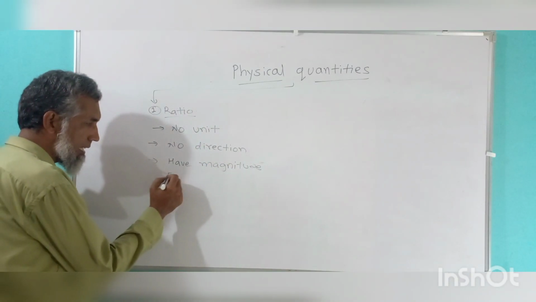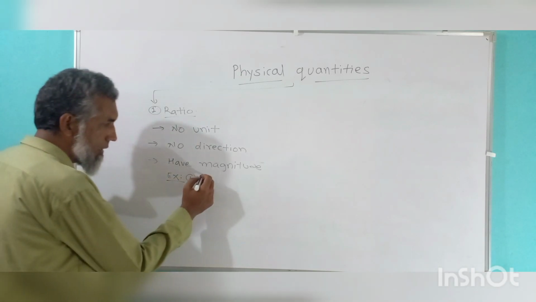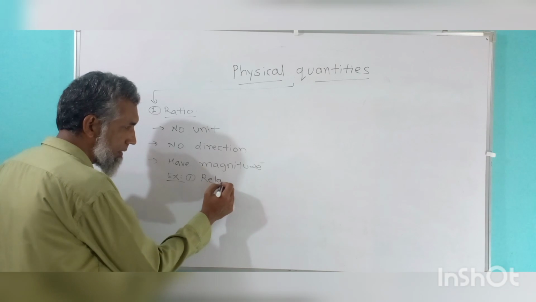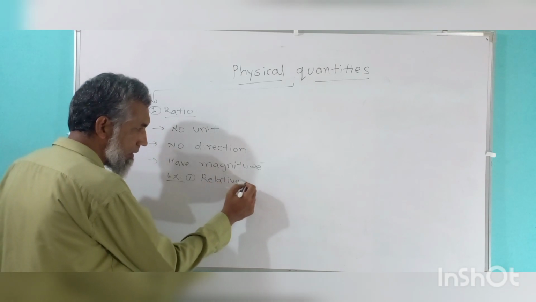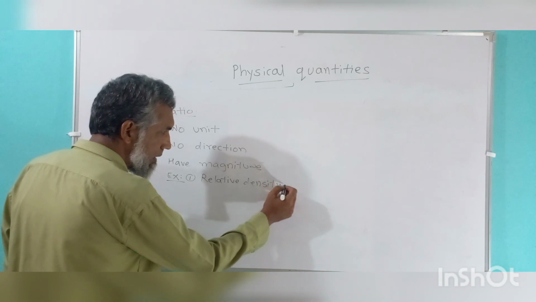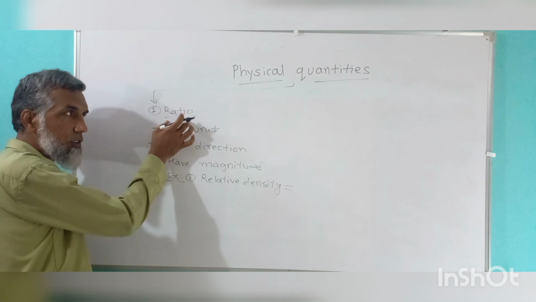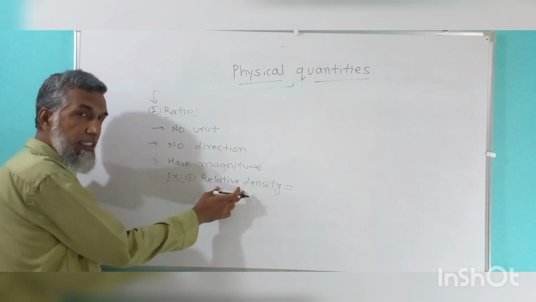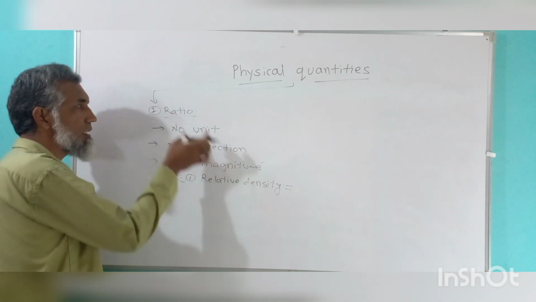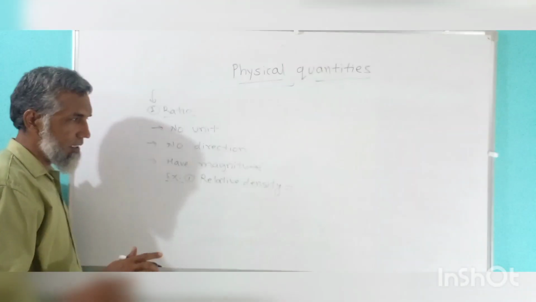Let us take an example. Relative density. Relative density is a ratio. It is a physical quantity. Which type of physical quantity? It is a ratio. It is a ratio of two similar quantities.